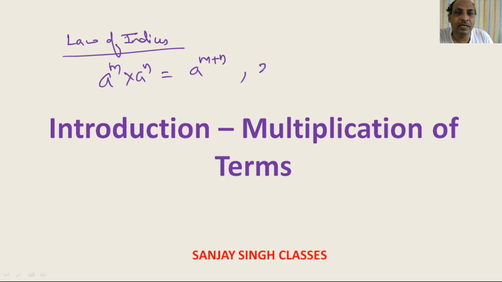Means if we are given x into x square, where the base is the same, then if the base is same, indices will get added together. So here the bases are the same, so it will become x to the power 1 plus 2. Here the power is 1 and here the power is 2. So x to the power 1 plus 2 will become x to the power 3. This is called the law of indices.